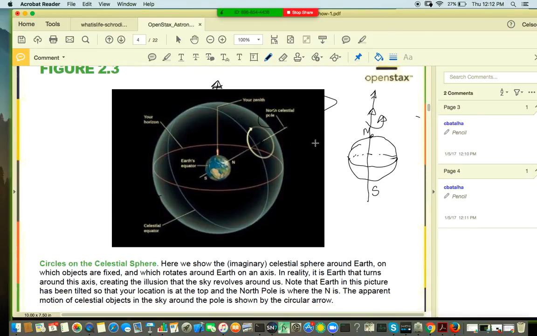Now here's the same person standing on Earth, but this person happens to be at a certain latitude. Here she is with a sombrero, and her zenith point is in that direction.